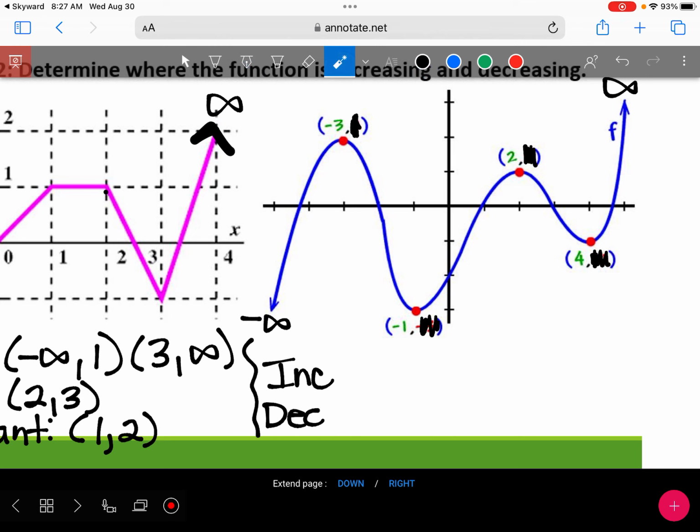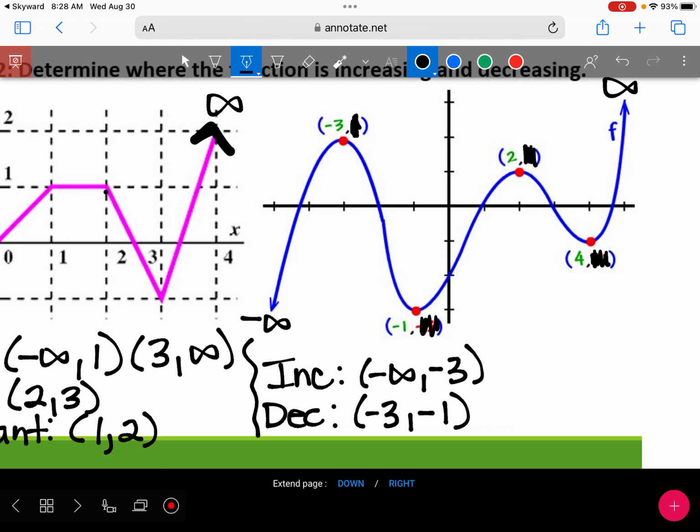So again, when I trace the graph starting from the left, what is it doing between negative infinity? What is my laser doing between negative infinity and negative 3? Increasing. And then from negative 3 to negative 1, it decreases.